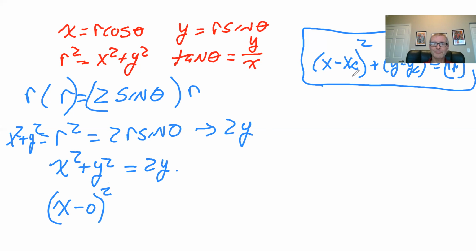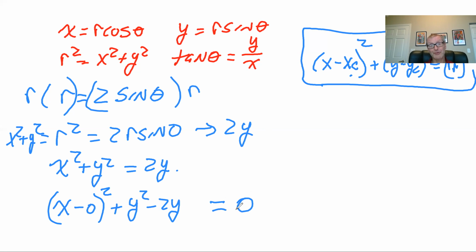And so the center for the x value is going to be 0. But the y center, we don't know. And so the strategy is to bring everything to this side, all the variables to one side, and set it equal to some value. In this case, it's going to be 0.